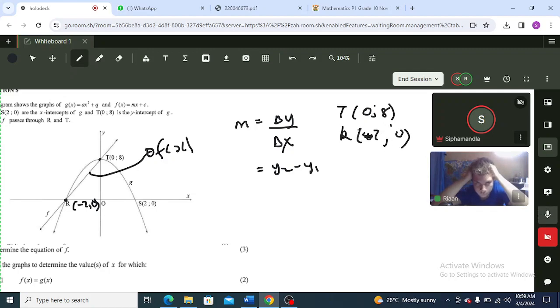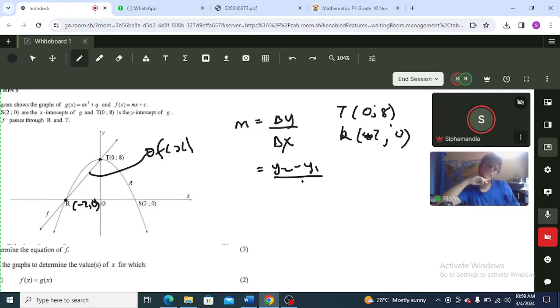You have to note how you write your coordinates, because it's always x, y. At this point here, we don't have the value of x. The value of x is 0, while we do have the value of y. But in this case, we don't have the value of y. We do have the value of x, because this is the x-intercept. Now we can use these 2 points.